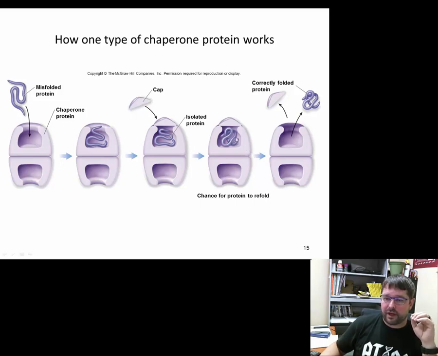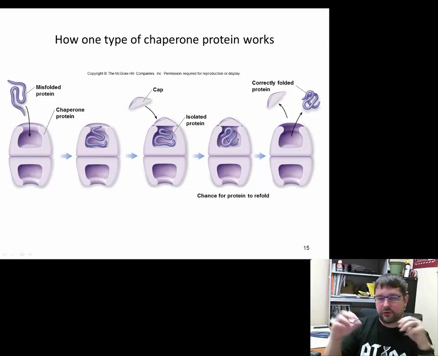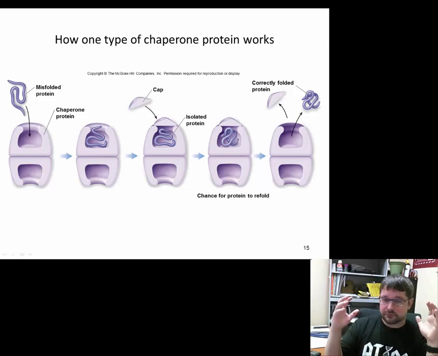We don't know this piece, like how is it refolded, but we know that it comes out as the correctly folded protein, and this happens over and over and over again. So there are lots of researchers out there, many major universities, that are spending massive amounts of time and large sums of money to figure out this process, this chaperone protein work.